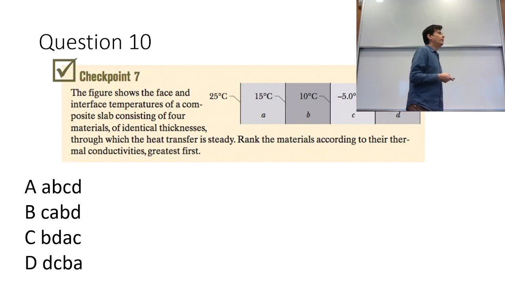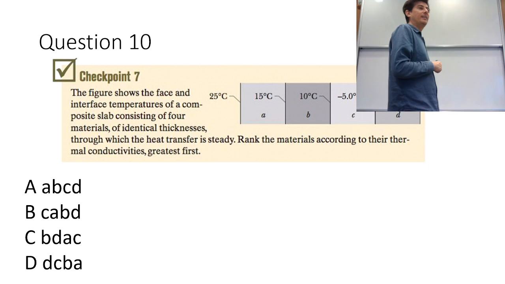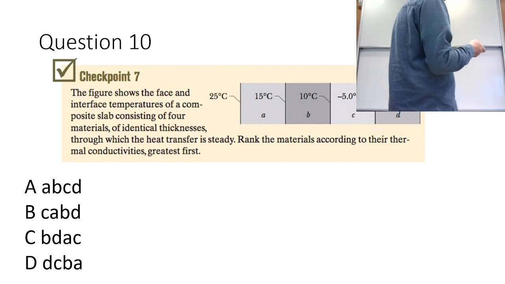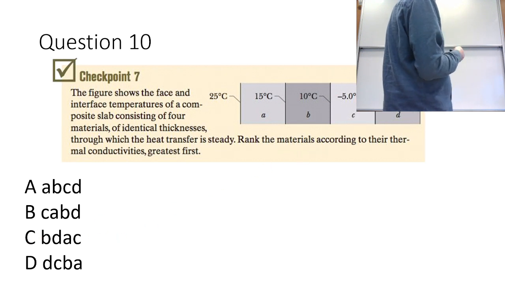That would actually have the lowest thermal conductivity. Yeah, it's the other way around. The largest one would be, I think, these are equal, right? 15 and 10. So D and B are equal at the top, then the second, then the third. I think it would be BDAC.